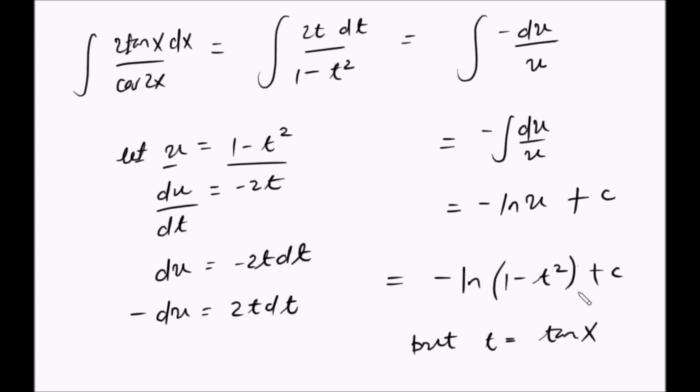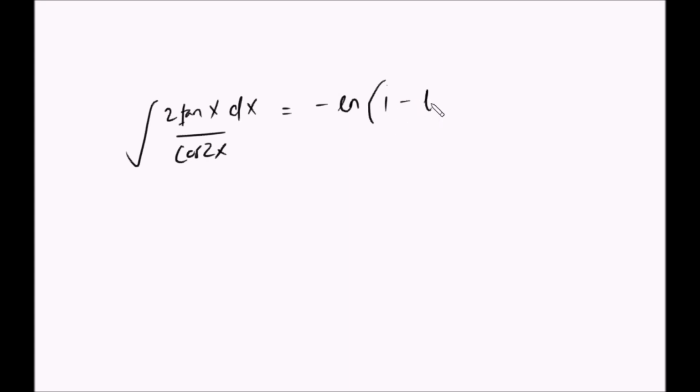So our final answer now, if I write it in the fresh page, nikiintegrate huyu 2 tan x with respect to x over cos 2x, jibu ni negative ln ya 1 minus, so pale kwenye t squared tunaweka nini? Tan of x squared plus c. So this is our final answer.